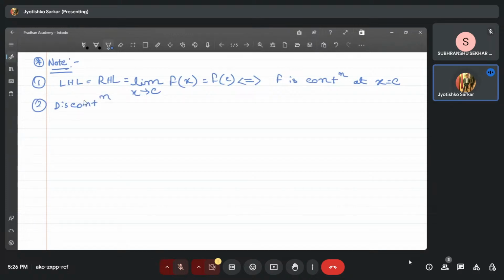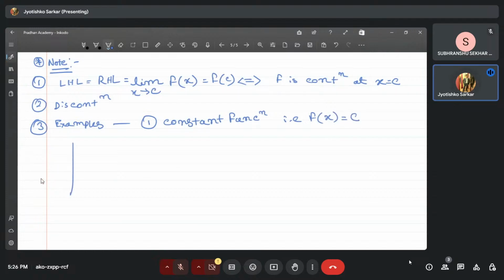Next, some useful functions which are trivially continuous, we don't need to check whether it is continuous or not. These are already continuous functions. Then the examples are, first of all, constant function. What is the constant function? Fx equals to c. You can see from their graph, if this is fx equals to c, then the graph is like this, parallel to x-axis, and this is clearly continuous.